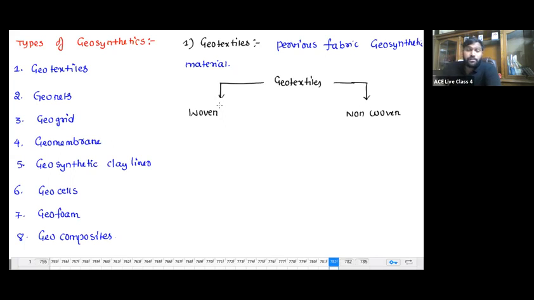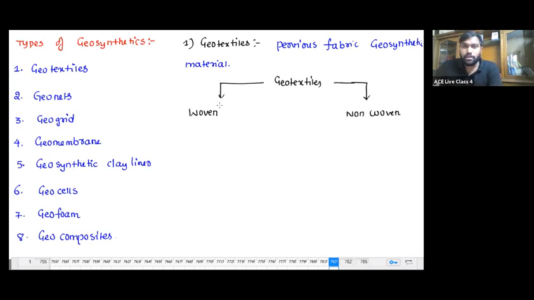And in the case of non-woven, you see the jackets we wear, and the raincoats. In the case of the raincoats or the jackets, can you see the threading pattern? No, those are made up of resins. They are not made of cloth. They are made up of polyester resin.